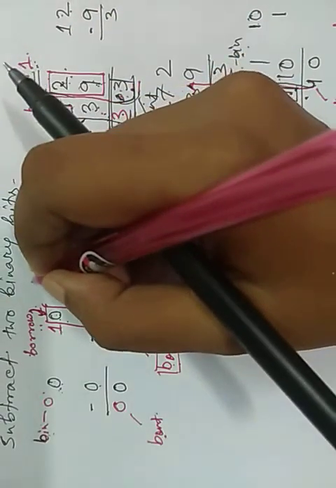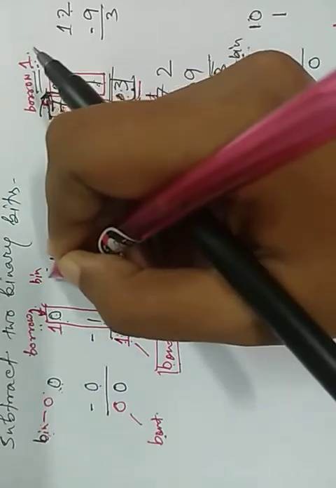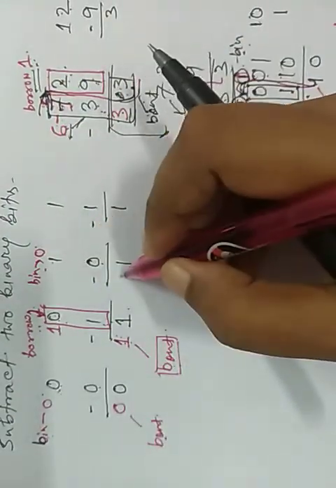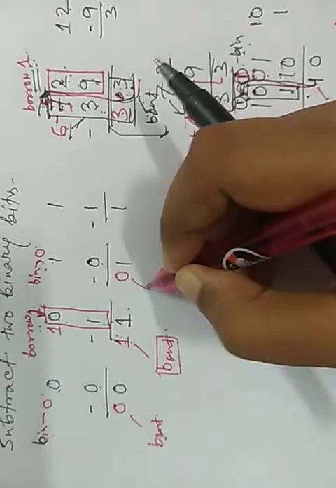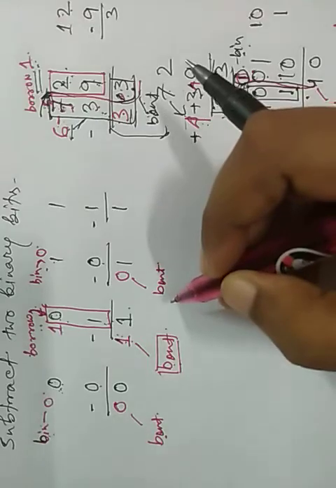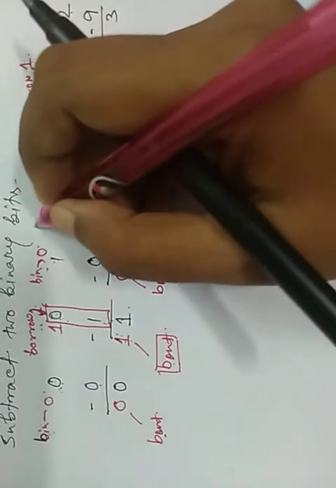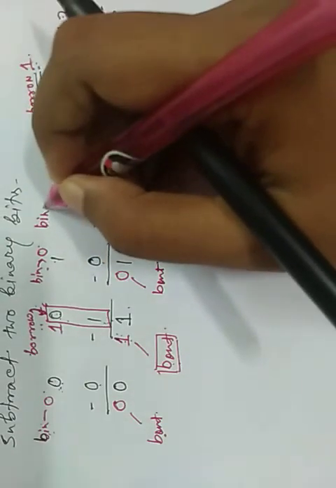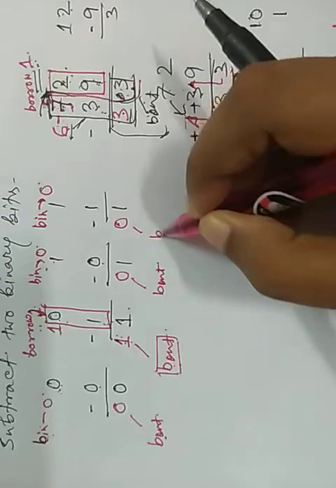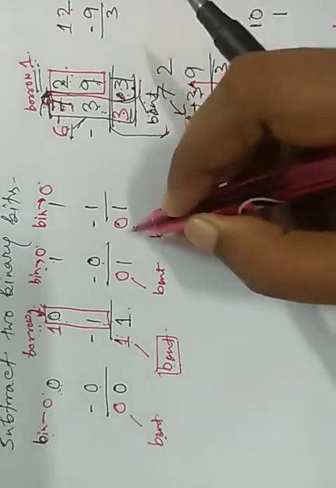In this case also, we don't need any borrow here, so borrow in is 0, and here also no borrow comes out, so borrow out is 0. Okay, and here also borrow in is 0 and borrow out is 0.